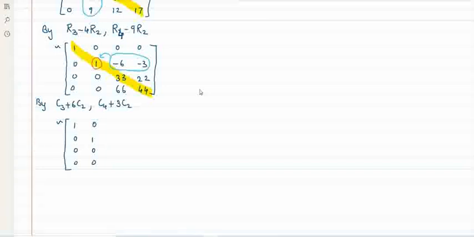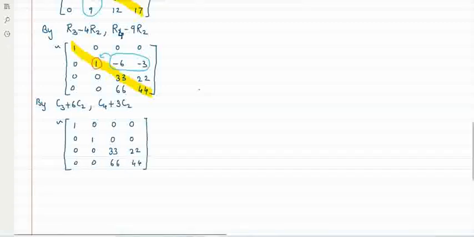Now tell me the resultant. 0, 0, 33, 66. 22, 44. Okay, this is a new matrix.